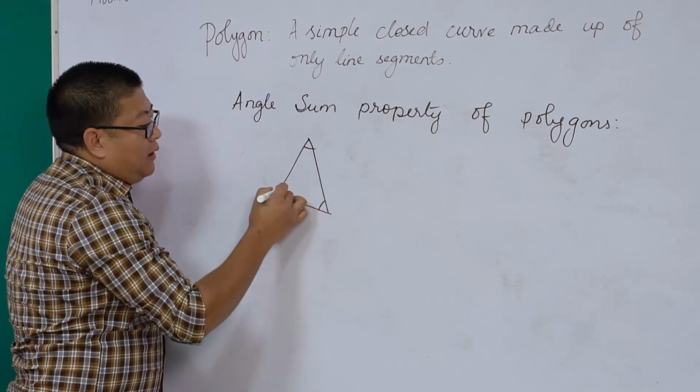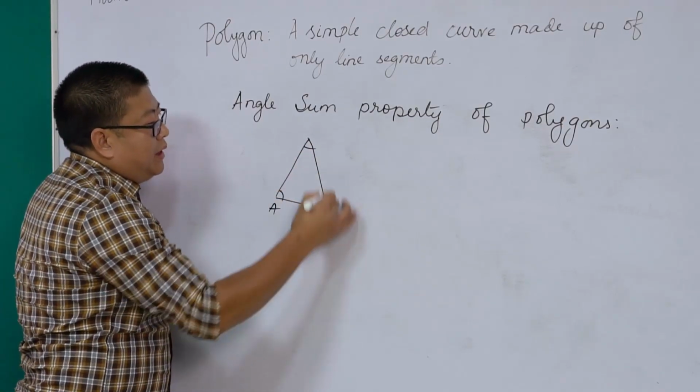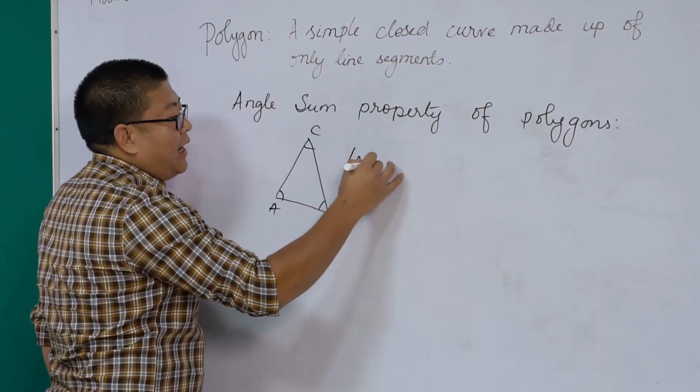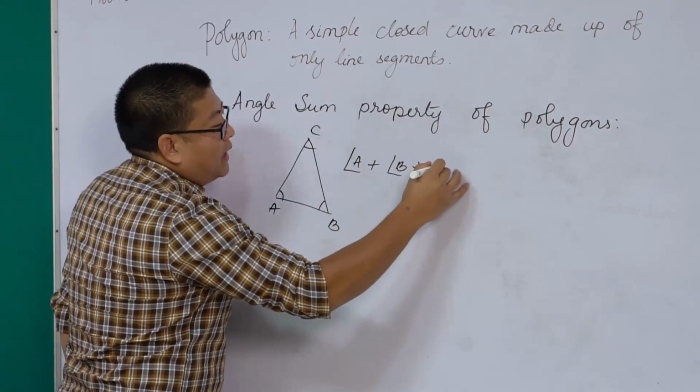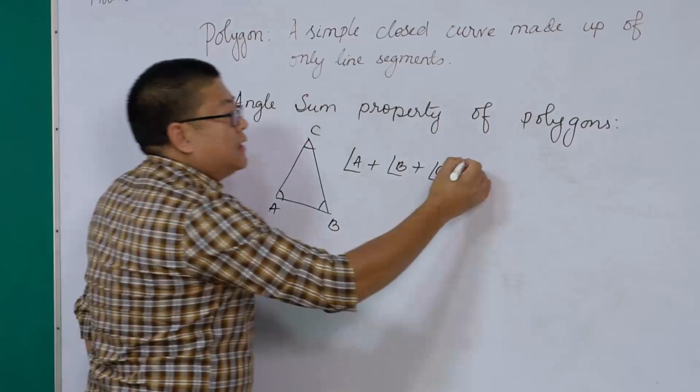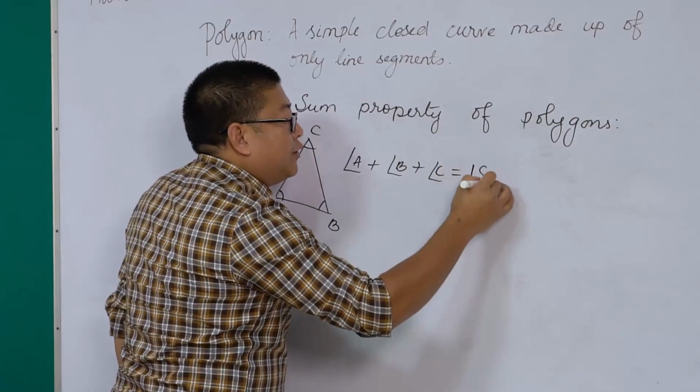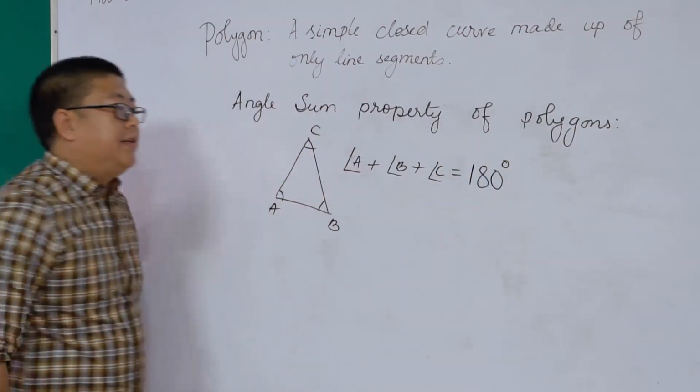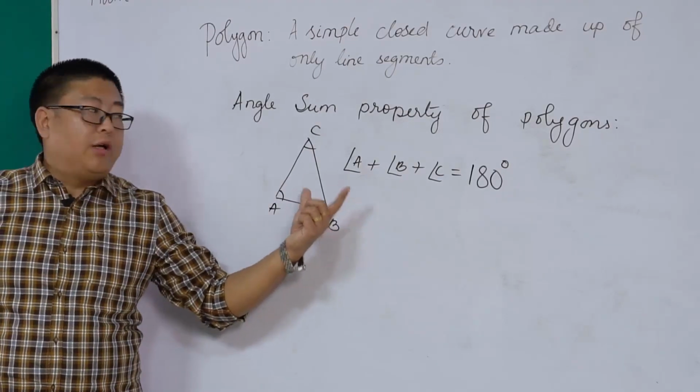Let's mark them A, B, C. If you add angle A plus angle B plus angle C, it has been proved that you should get 180 degree. This is the angle sum property of a triangle.